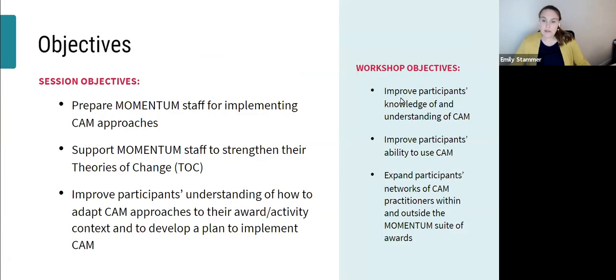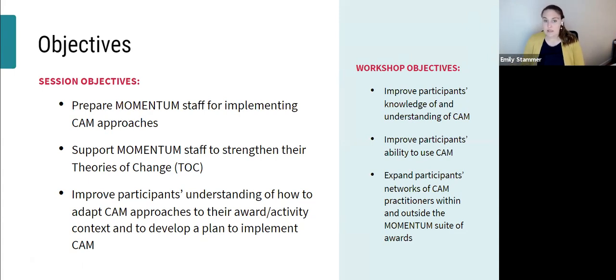I want to quickly go over today's session objectives. Today, what we're hoping is to prepare Momentum staff and our external guests for implementing CAM approaches. We want to support participants to strengthen their theories of change and to improve participants' understanding of how to adapt CAM approaches to their award or activity context, and to develop a plan to implement CAM approaches.